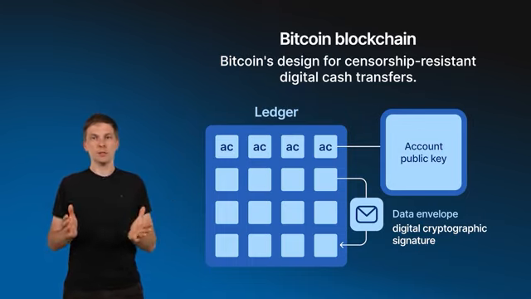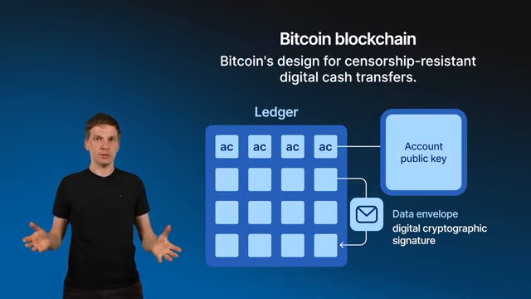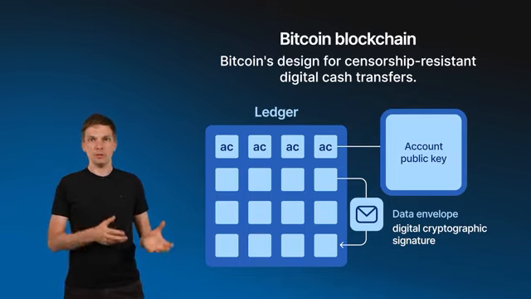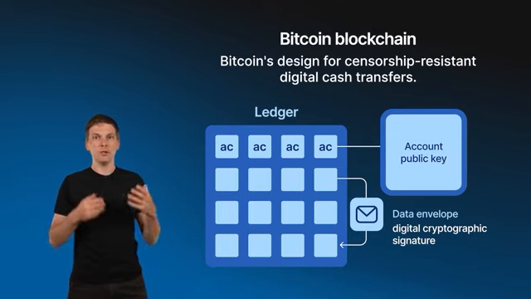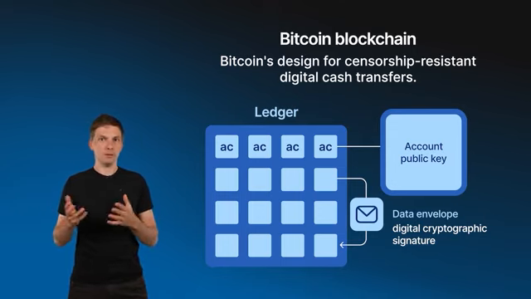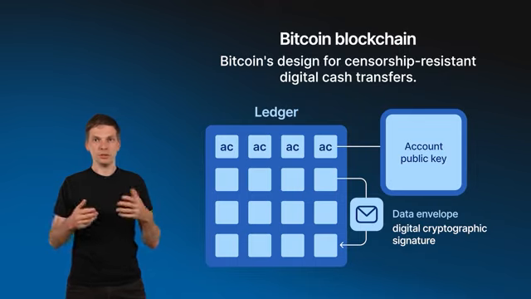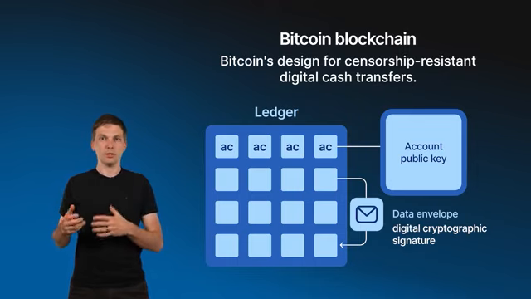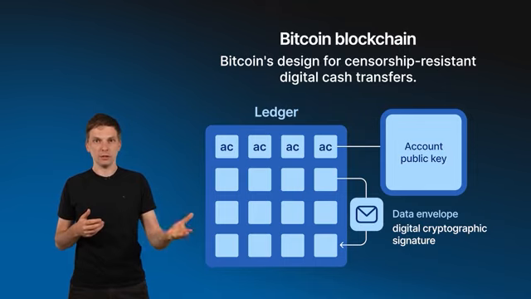Okay, so let's start with the simplest ledger that is implemented in Bitcoin. The idea of Bitcoin is that you have a ledger where each account is identified by a public key. So every person has a secret key in their wallet application and the public key visible on the ledger.